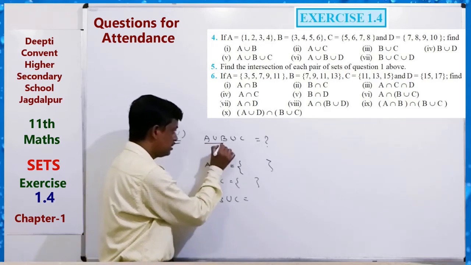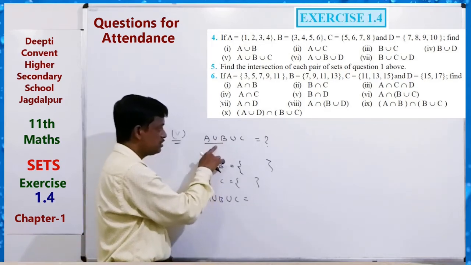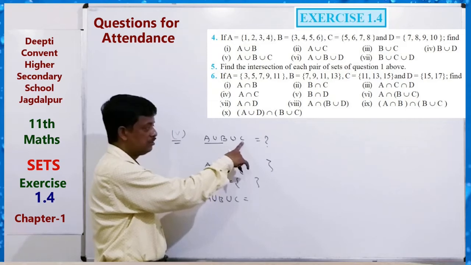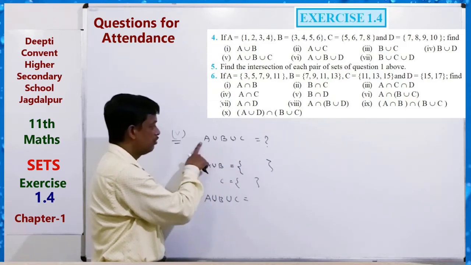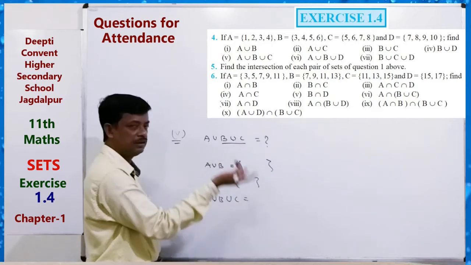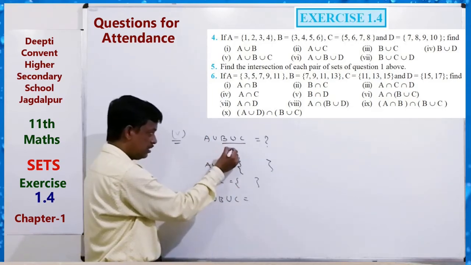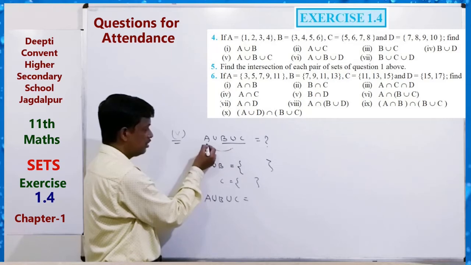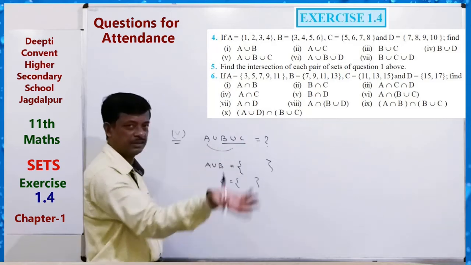Either first this, and then with C take the union, or first find B union C, and then with that set take the union with A, and you can get the result.